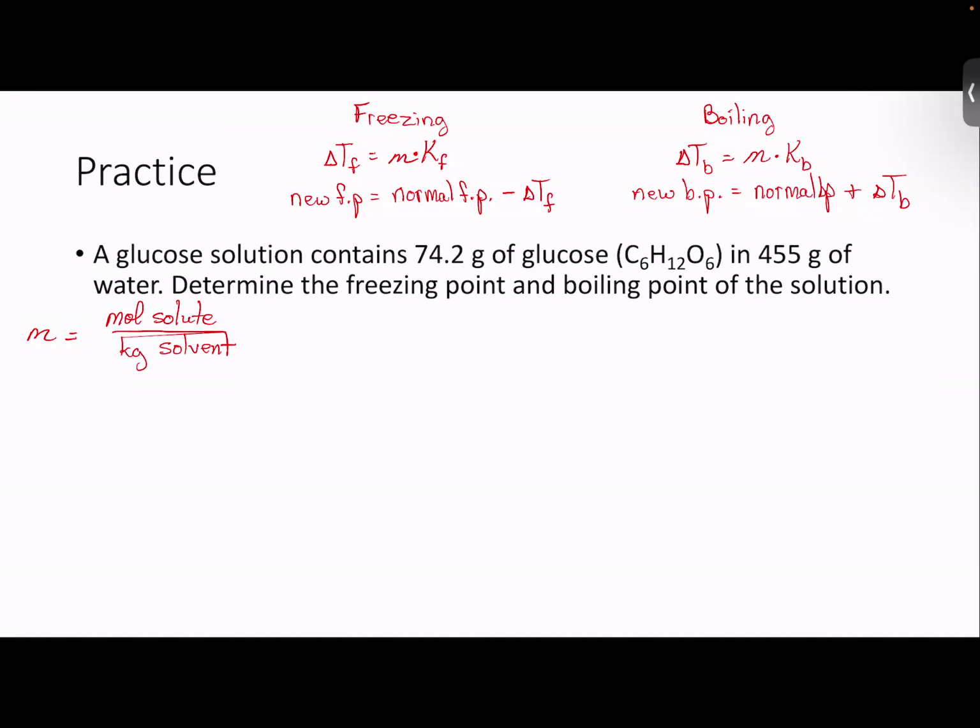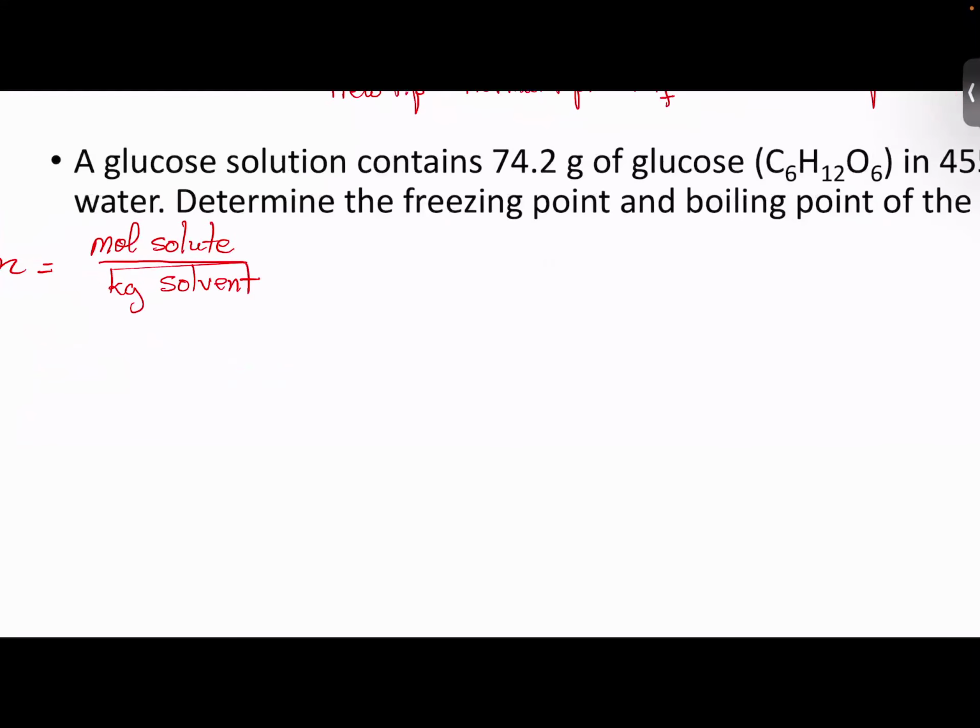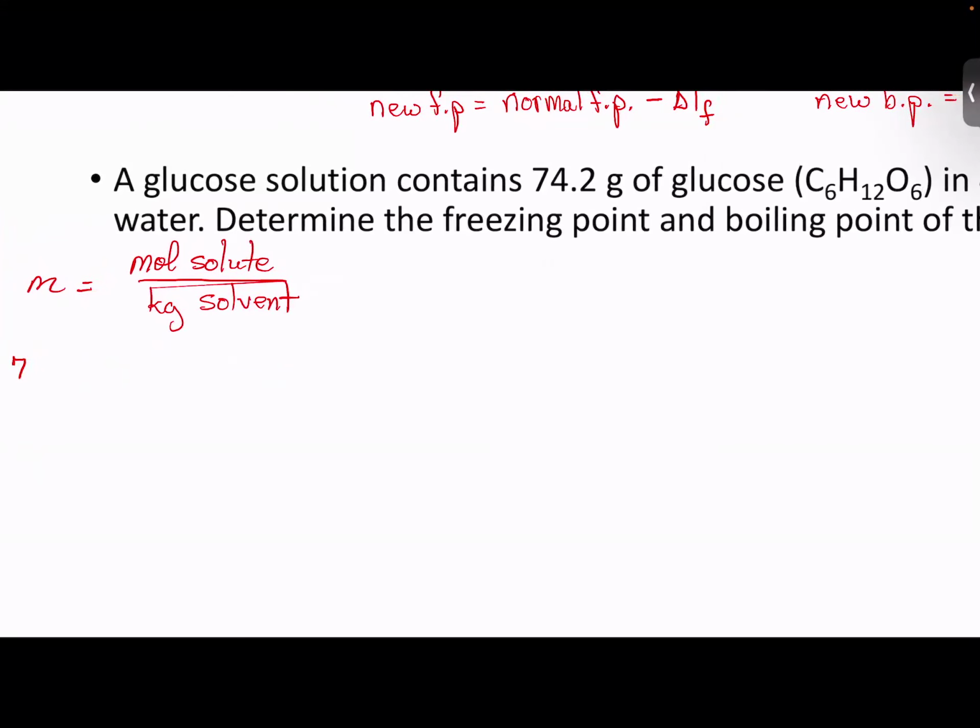So in order to get this, I'm going to have to convert 74.2 grams of glucose, which I'm going to just write as GLU, and I'm going to use its molar mass, which is 180 grams, to convert that into moles.